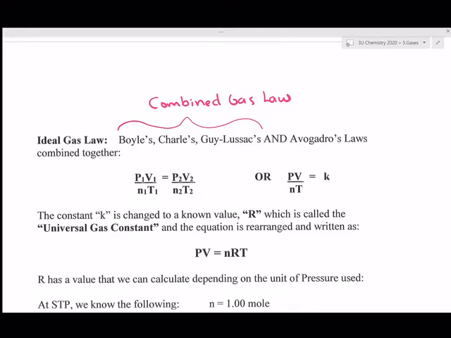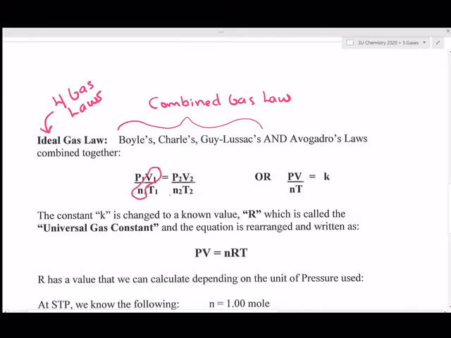So we're going to get an extra big law with 4 laws altogether. And it's going to be called the ideal gas law. So this will be 4 gas laws. And as you can see, the extra gas law is right here.